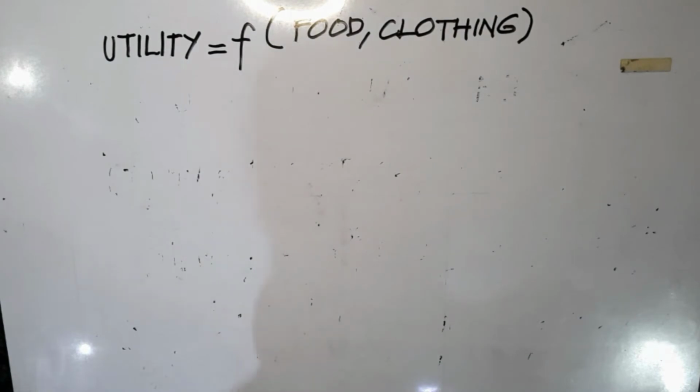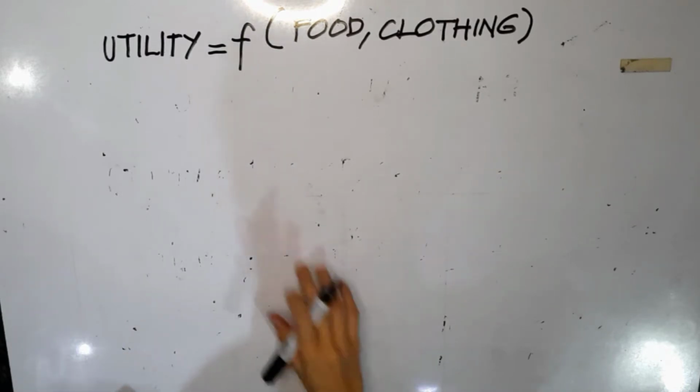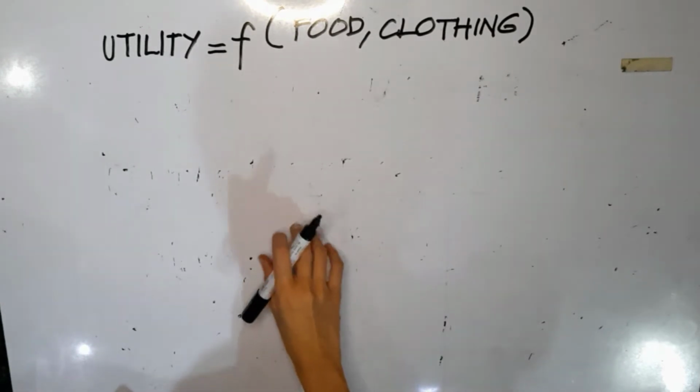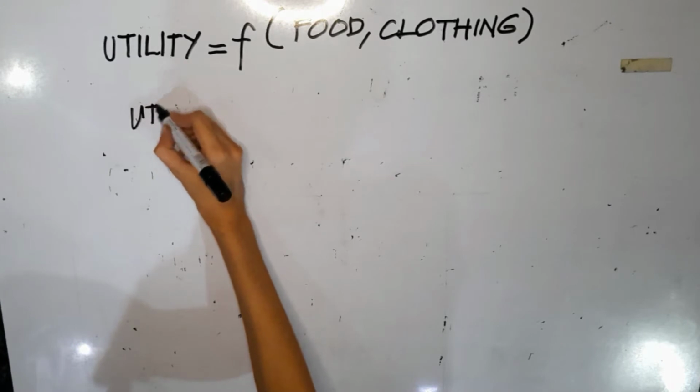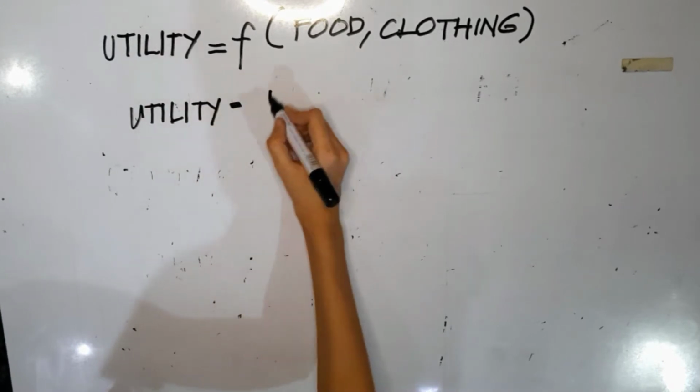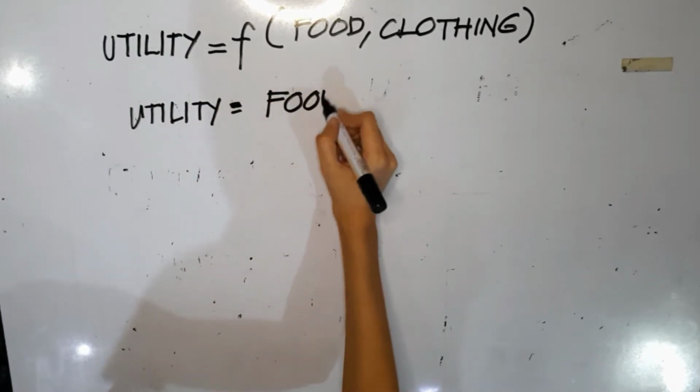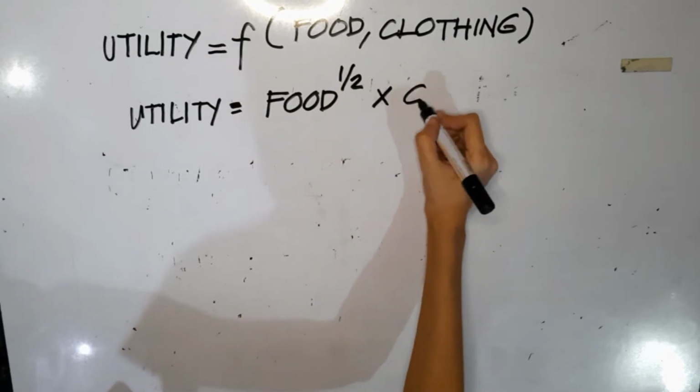You value these two goods. Thus, utility rises with both food and clothing. So in this case, your specific utility function is utility equals the square root of food times clothing.